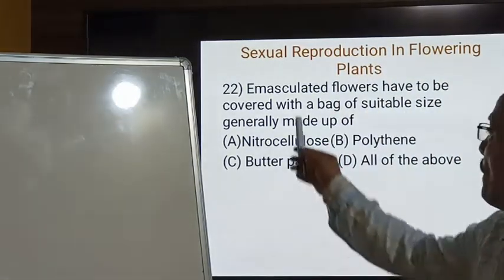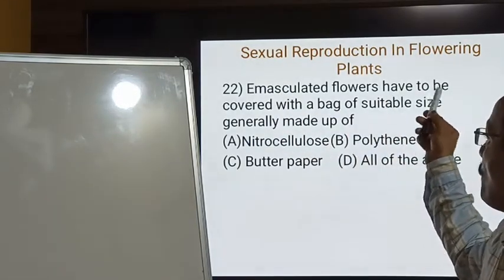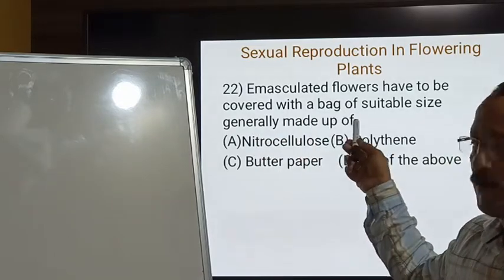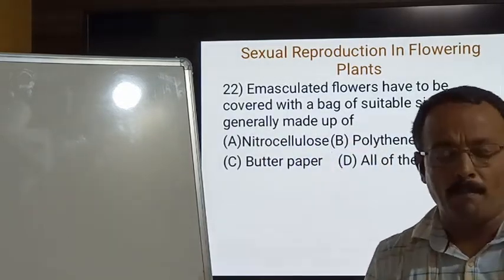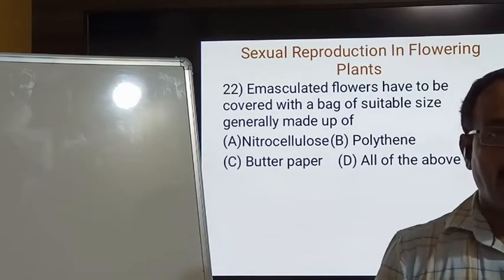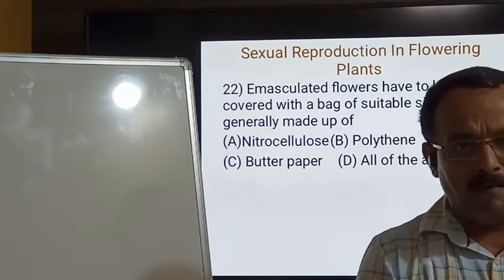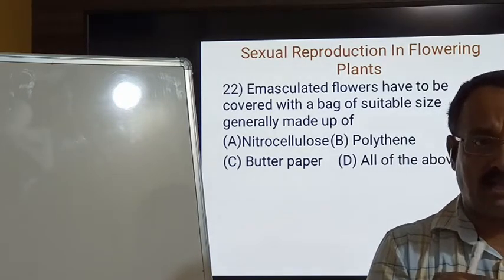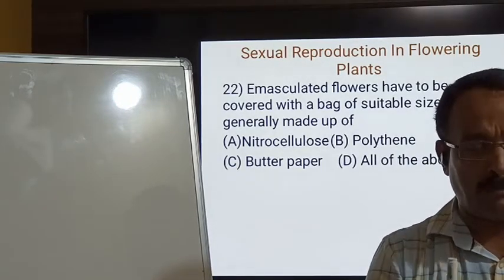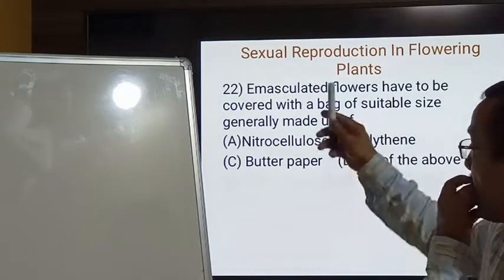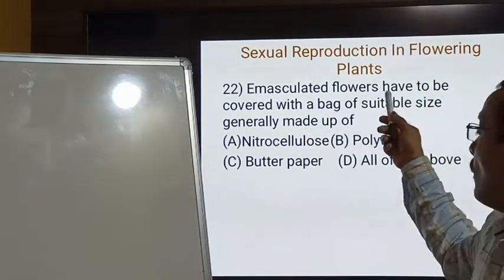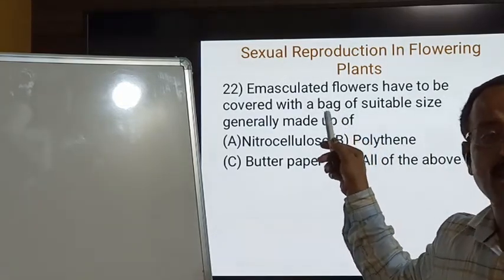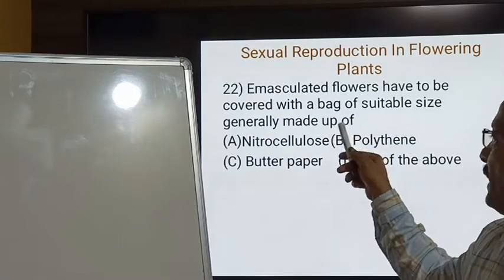Next question. Emasculated flowers have to be covered with a bag of suitable size, generally made up of. During artificial hybridization, if a flower is a bisexual flower, we will remove the anthers or stamens carefully using forceps, that is called emasculation. Emasculated flowers should be covered with a bag to avoid pollination from falling pollen grains.